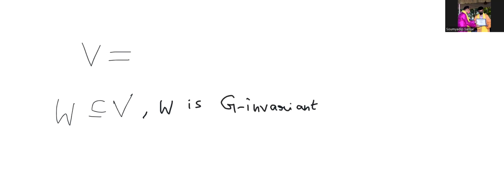Okay. Since you have an inner product which is G invariant, this V will break up as W direct sum W perpendicular. That is the main trick.